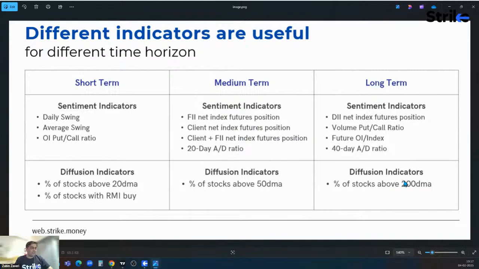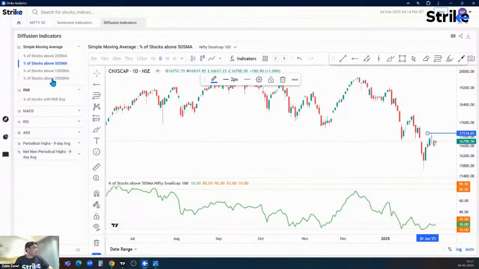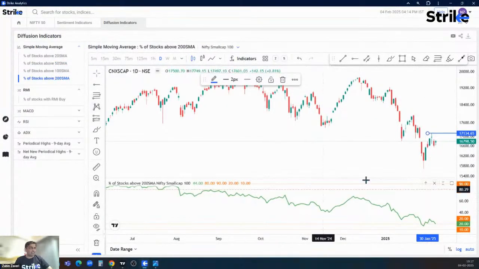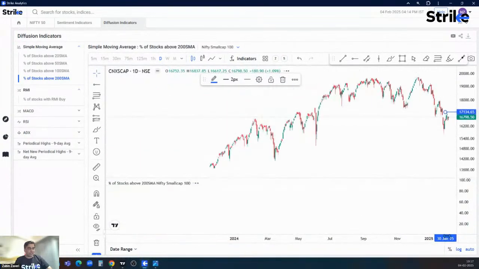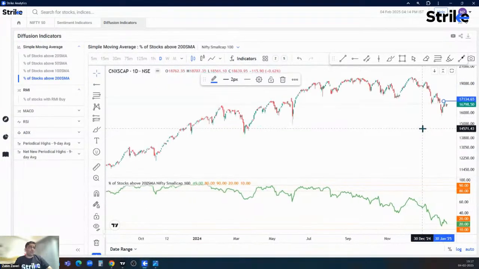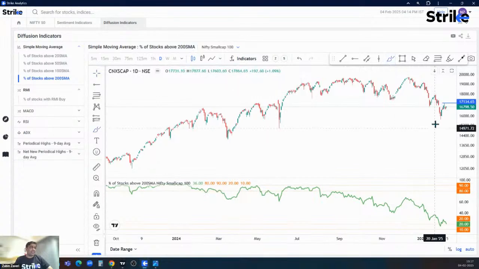Let's look at the diffusion indicators, percentage of stocks above 200-day moving average, for long term. So long term over here, 200-day moving average. For small cap index, it is at an extreme bottom. So yes, for long term as well, this indicator is suggesting that we are somewhere near the bottom.